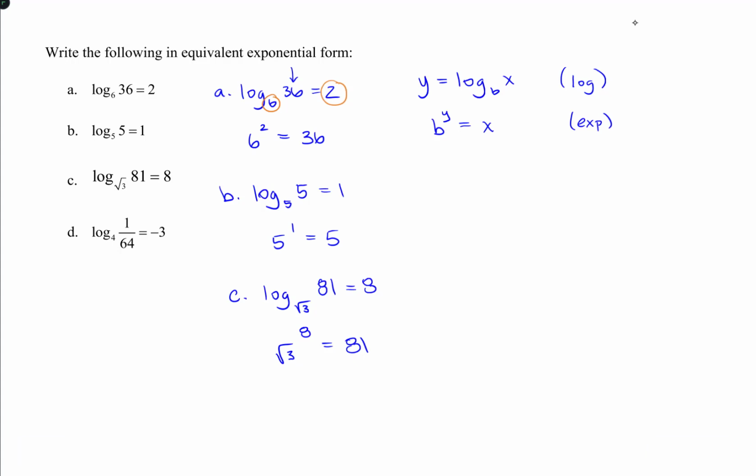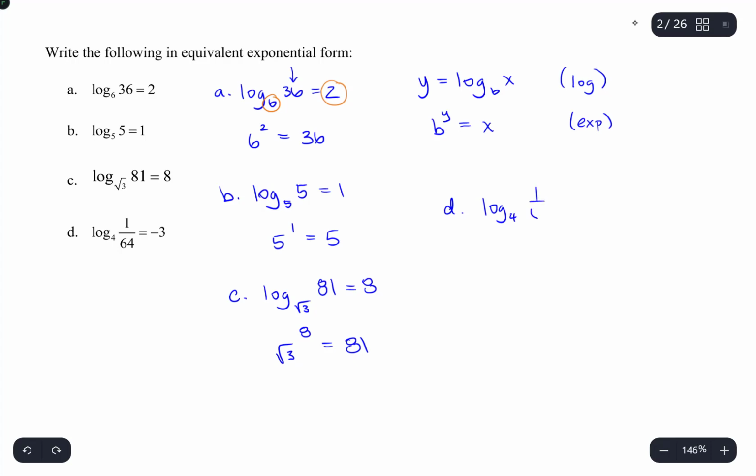All right, then part D, I have log base 4 of 1/64 equals -3. To change this into exponential form, I identify the base, which is the number subscripted on the logarithm, raise that to the result of the logarithm, and that should be equal to the argument.